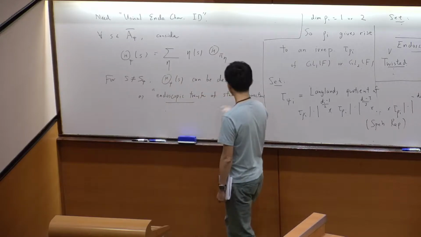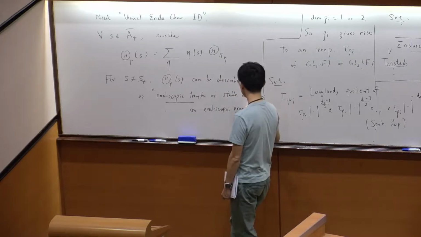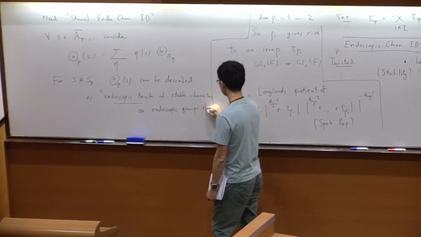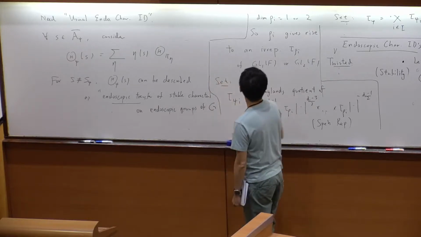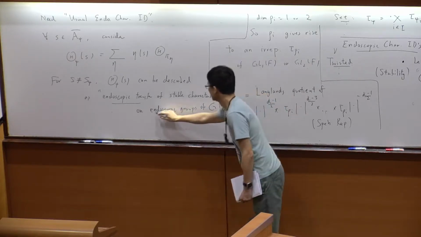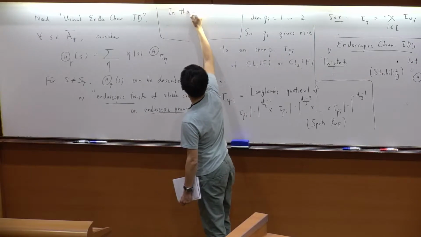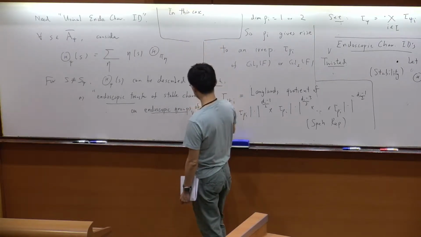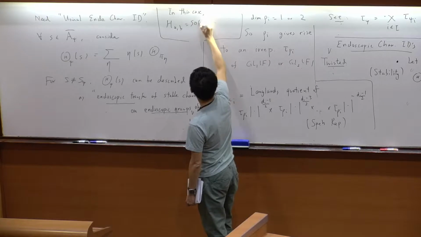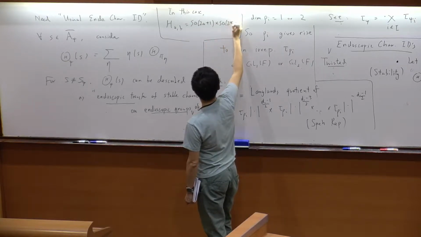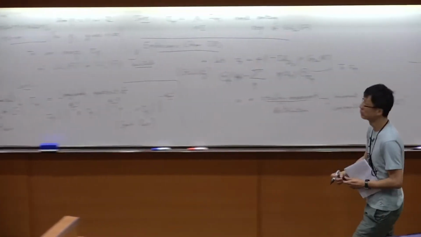This thing is just a sentence on the endoscopic groups of G. In our case, in this case, these endoscopic groups, let's call them H, A, comma, B. Unordered pairs of A, B, summing up to N.